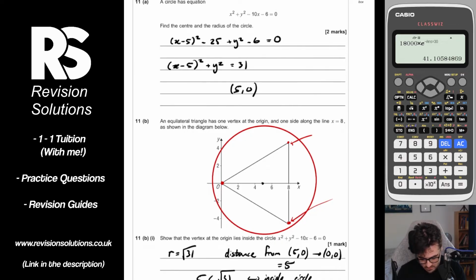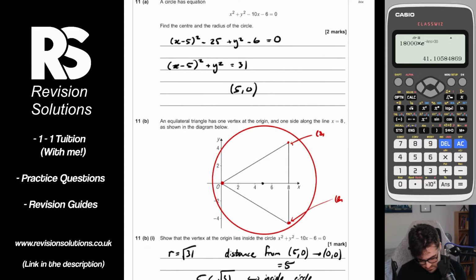So if we want to do that, we need to think about the coordinates of those points, similarly to how we solved part B, part 1. We know the x-coordinate is 8 just from the diagram. So both of these have x-coordinate 8. We have another piece of information to find our y coordinates, in that it's an equilateral triangle.